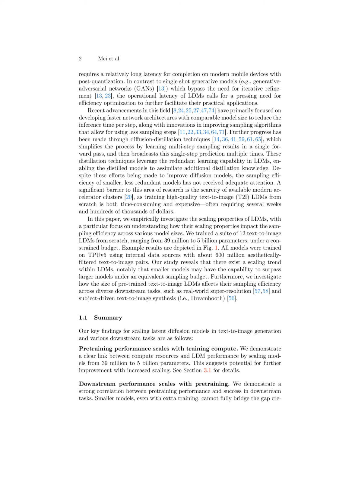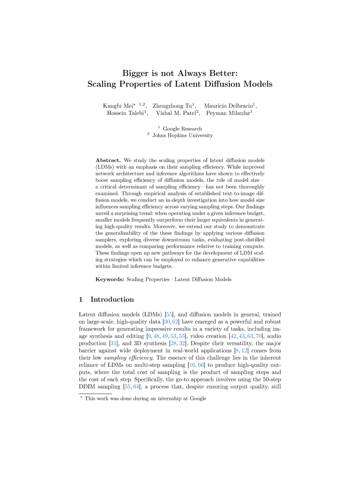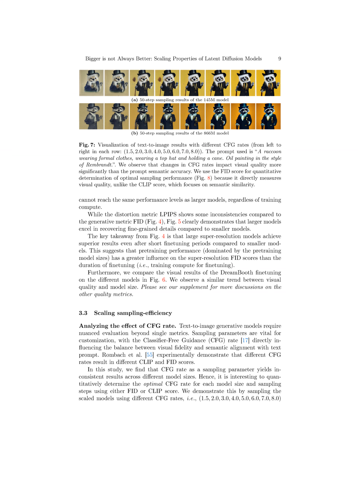This trend is consistent across various downstream tasks, such as real-world super-resolution and subject-driven text-to-image synthesis, e.g. Dream Booth. The study reveals that smaller pre-trained LDMs exhibit superior sampling efficiency, especially when using fewer than 20 sampling steps.